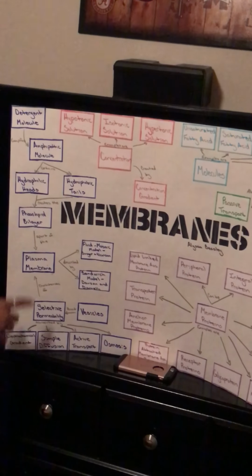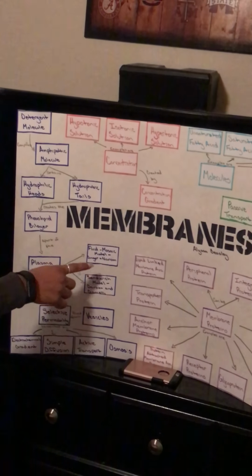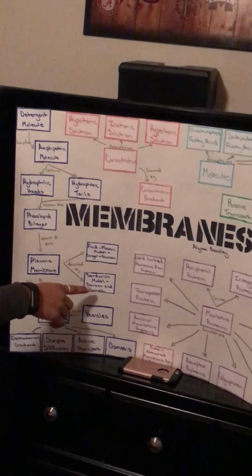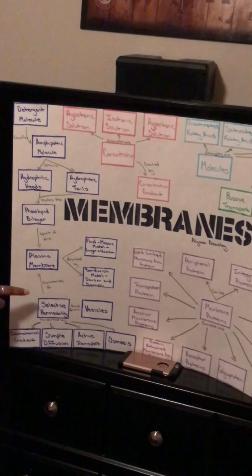So, the plasma membrane can be described by the fluid mosaic model by Singer and Nicolson, and it can also be described by the sandwich model by Davson and Danielli.